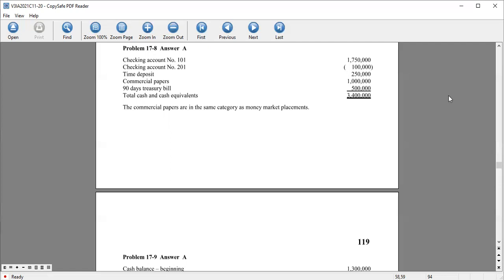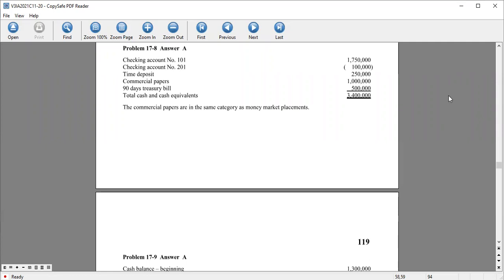The PAS 7 provides that an investment normally qualifies as cash equivalent only when it has a short maturity of 3 months or less from the date of acquisition. So the maturity date is 3 months or less from the date of acquisition.